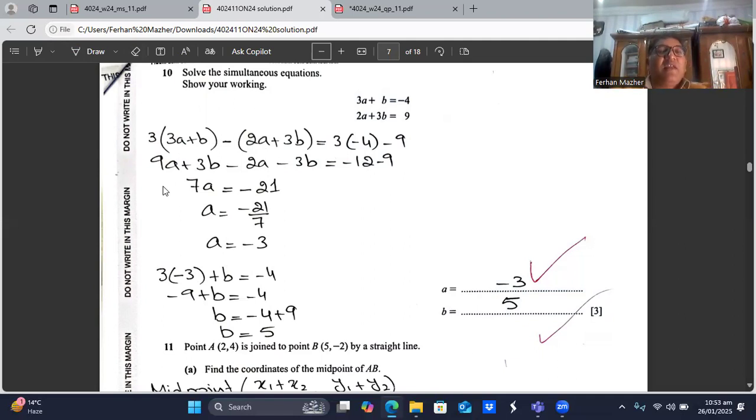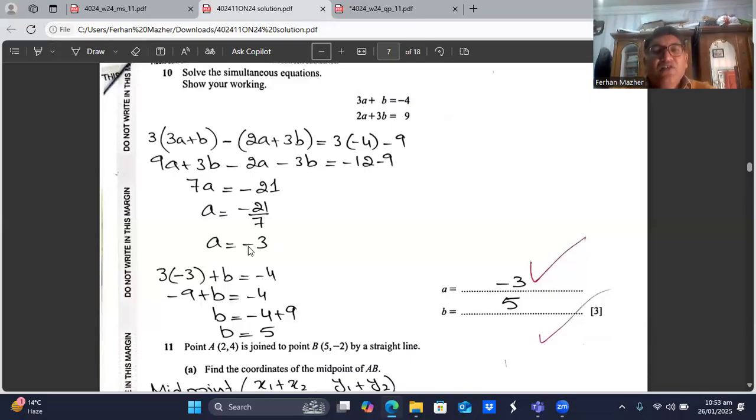So you will get 9a plus 3b minus 2a minus 3b equals -12 minus 9. The plus 3b and minus 3b will be cancelled, and 9a minus 2a is 7a equals -21. So a equals -21 by 7. a will be equal to -3.